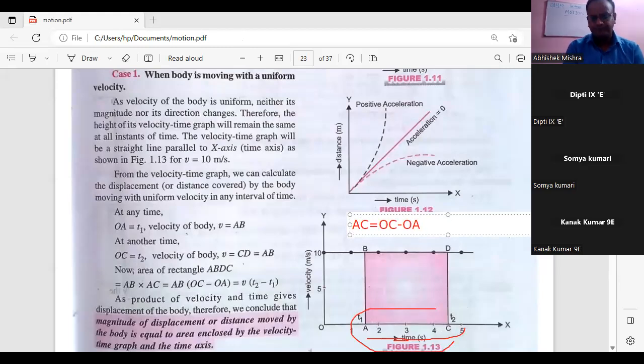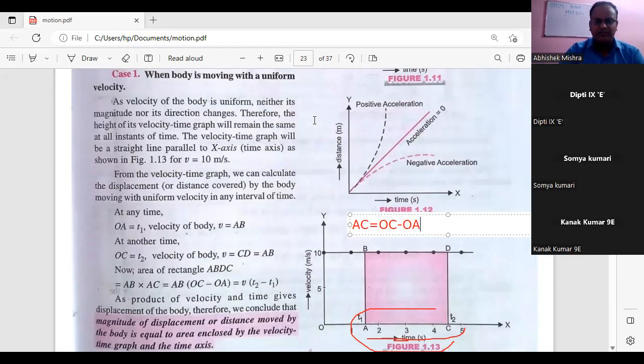Do you agree or not? AC is equal to OC minus OA. Yes, sir. Now students, we know the value of AB. What is the value of AB? AB is the velocity V, and OC is your T2 and OA is your T1.